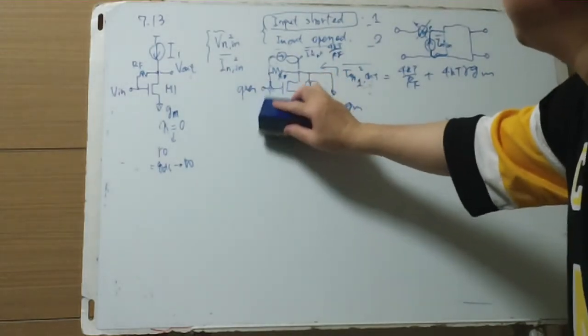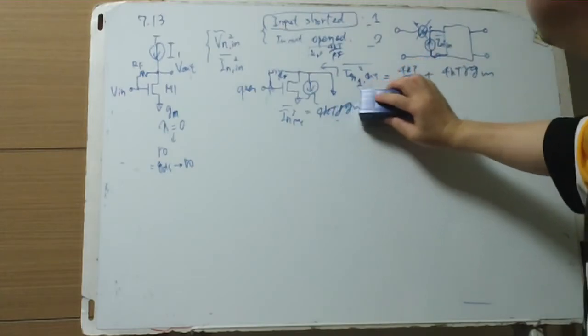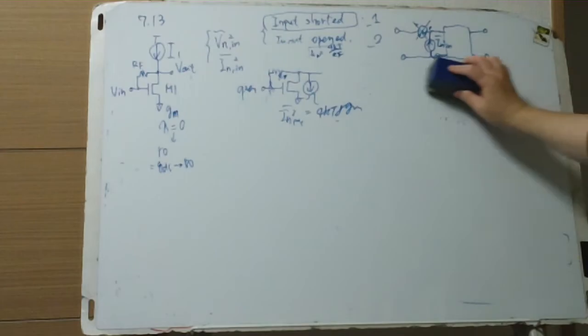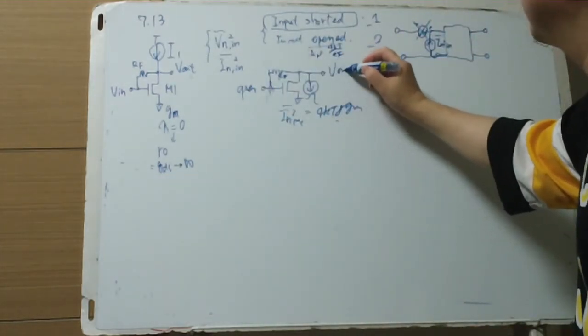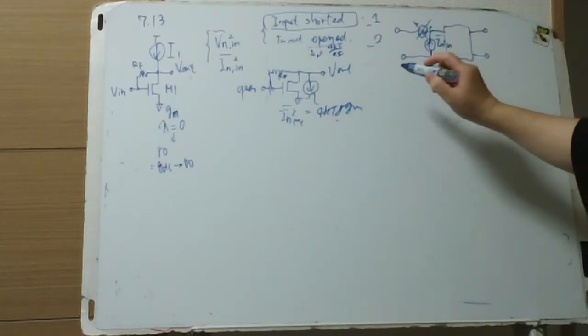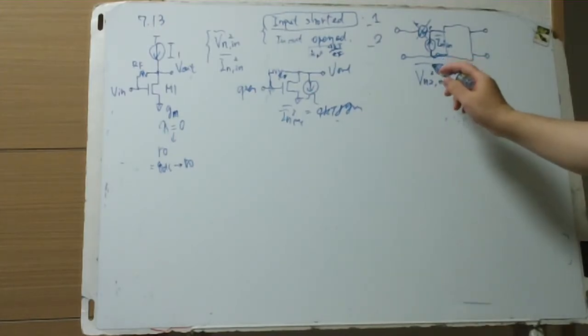So this is open, so we can't write it. We can't use this, and V out is open, and we need V out noise 2, and Vn2 of output squared bar is what?